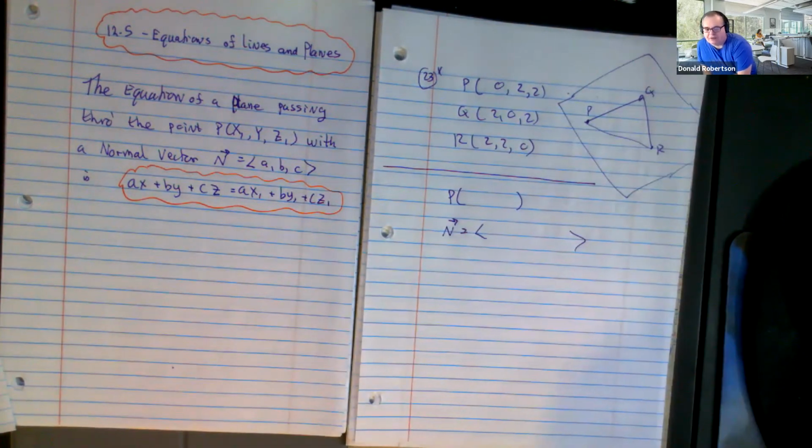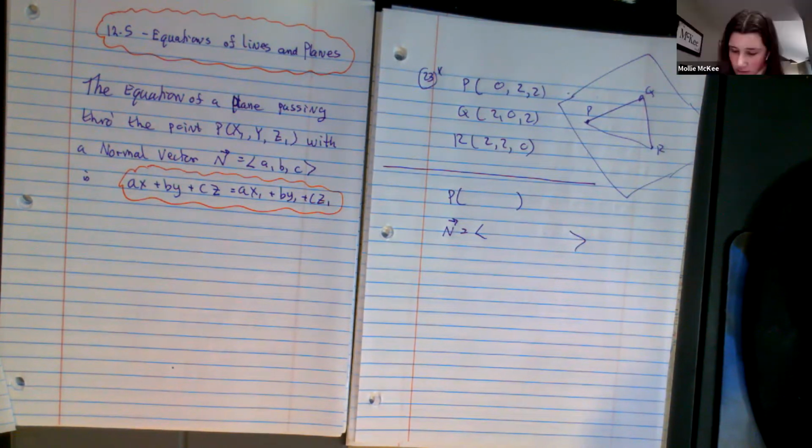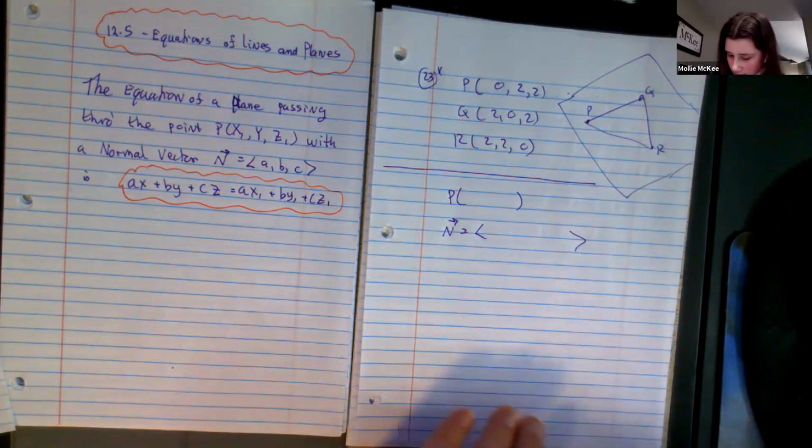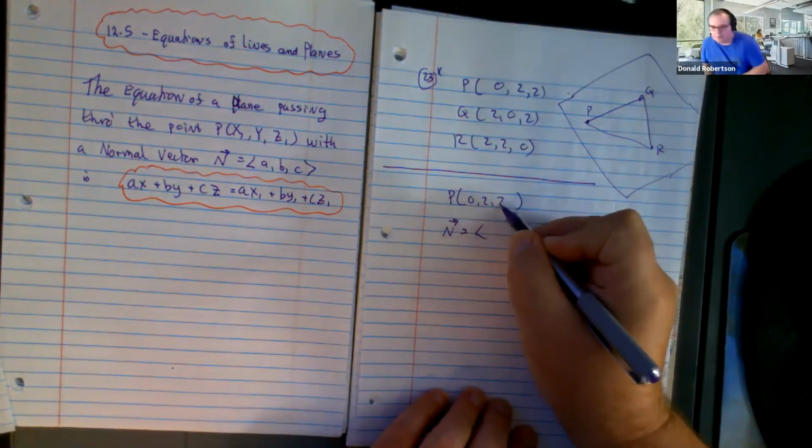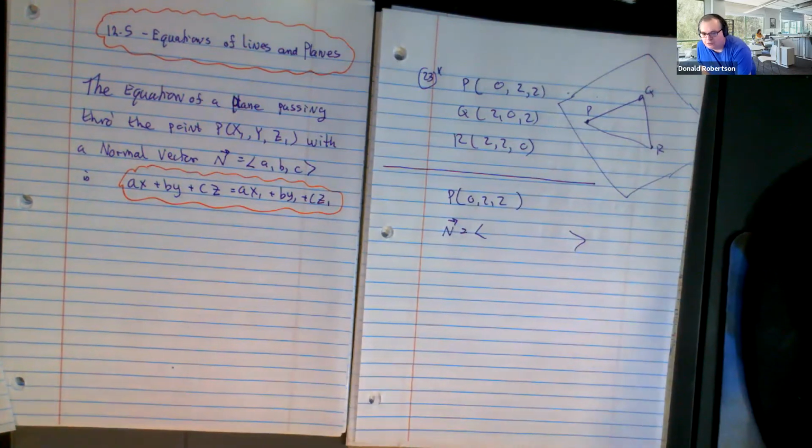Okay, let's make life easy for you. Tell me a point on the plane. (0, 2, 2). And I might as well pick that one because that's what I call P. But theoretically, couldn't you pick (2, 0, 2) or (2, 2, 0) if you felt like it? Right? So there's 3 choices. Fine, that's good.